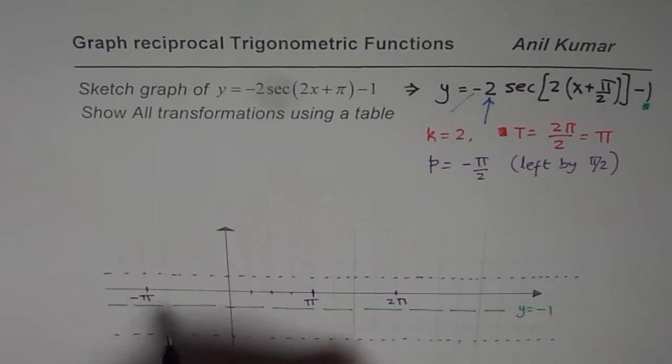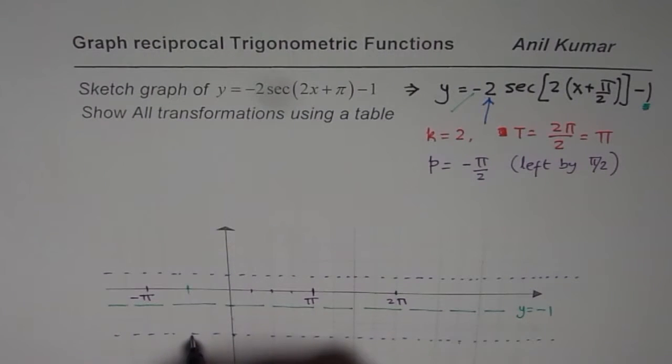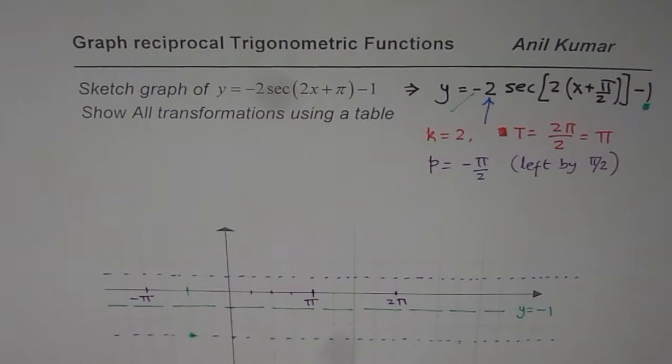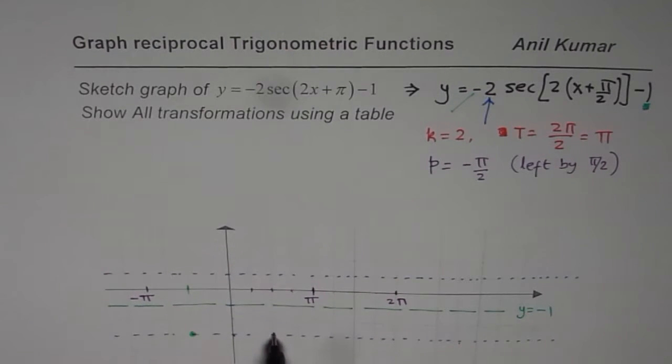So this is my minus pi, so this is pi by 2 units to the left, and that becomes my minimum point, correct? Now one wave is of pi, which is 4 units for us. So the next minimum will be after 4 units. So 1, 2, 3, 4, right there. Do you get the point?